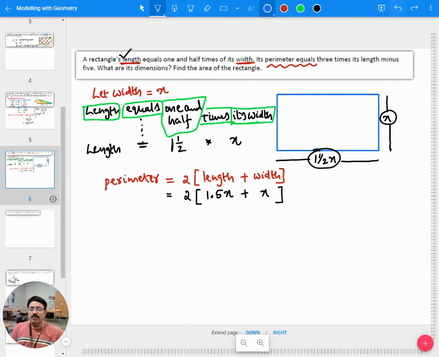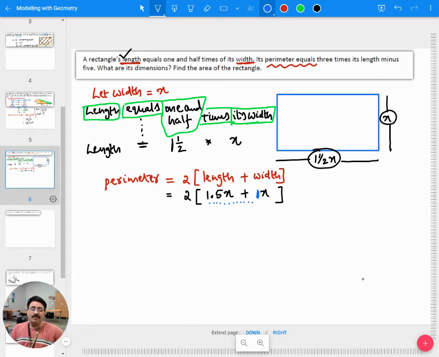Because suppose I ask you to add 1.5x to x, you are not really sure. But 1.5x plus 1x is 2.5x, right? It's easy. So let me compute the perimeter first. You know PEMDAS.